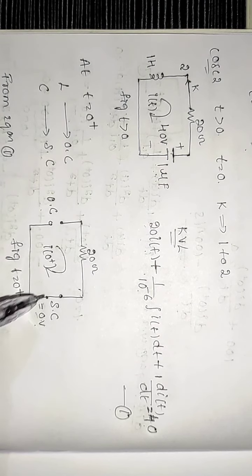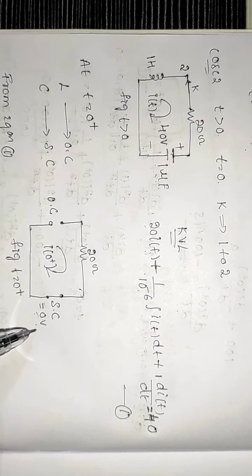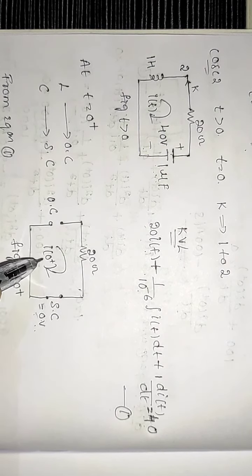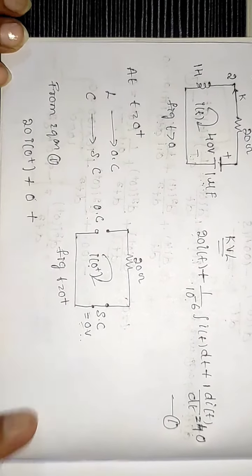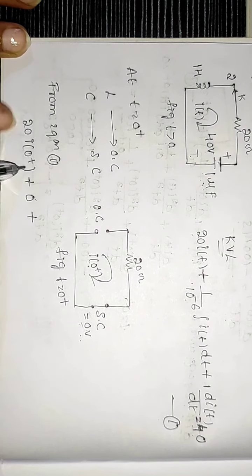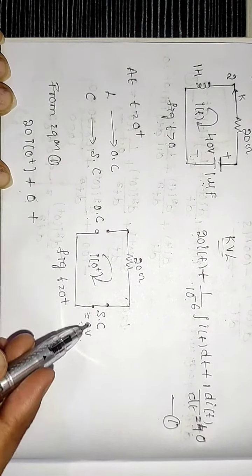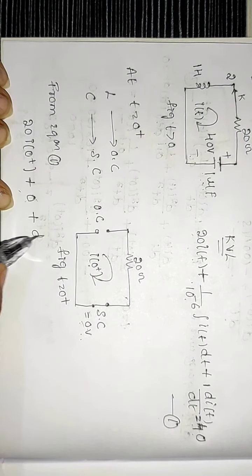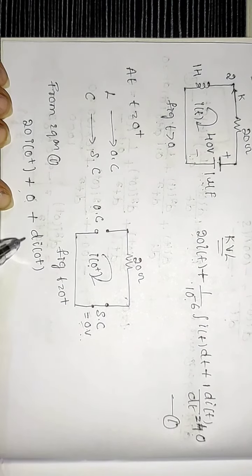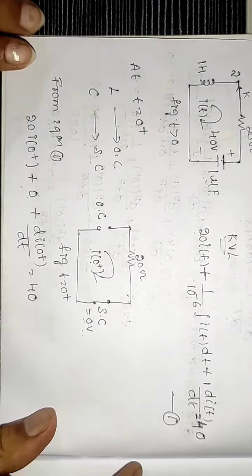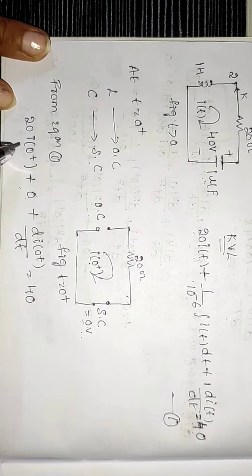At the short circuit, the voltage equals 0. So here I of 0 plus value is 0 ampere. Now from equation 1, 20 into I of 0 plus, the capacitor voltage equals 0. So next d I of 0 plus divided by dt equals the 40.